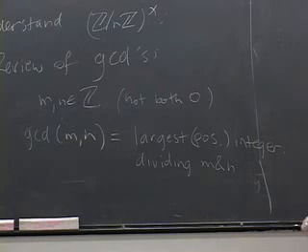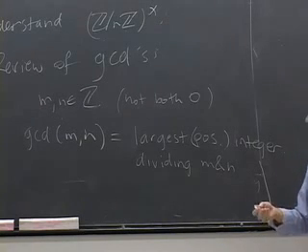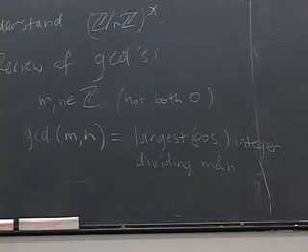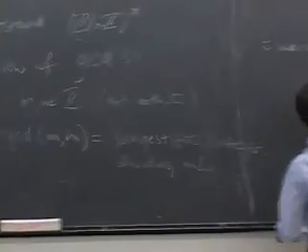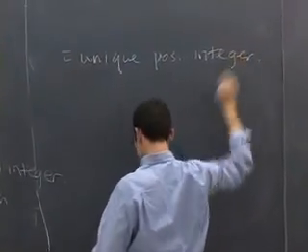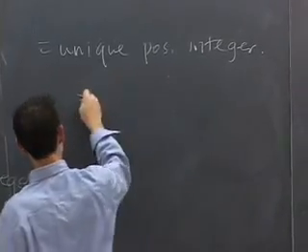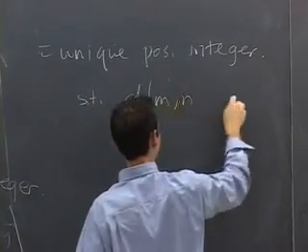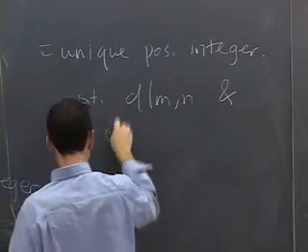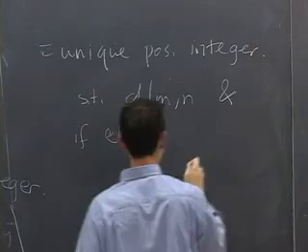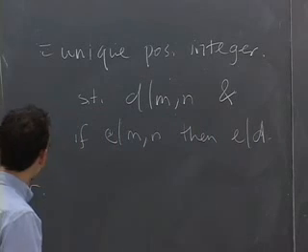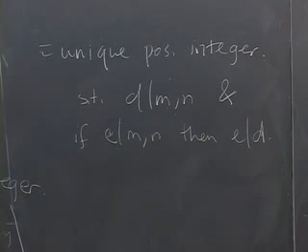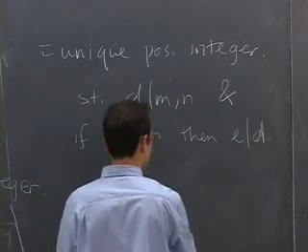There's another order structure induced by multiplication, the division relationship between things. So this is the unique positive integer D such that D divides m and n, and if E divides m and n, then E divides D. And it's very easy to verify, as you've surely done in another course, that this number has this property.